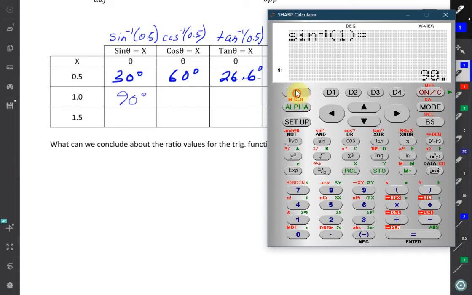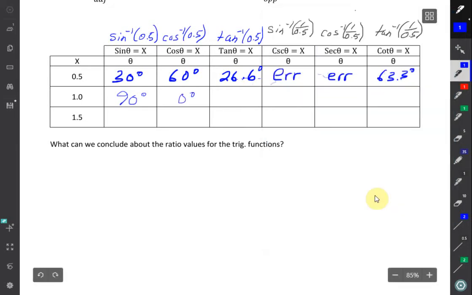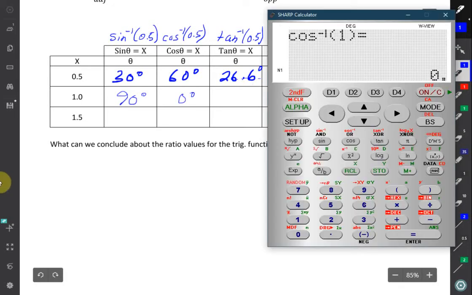And then the inverse cos of 1 is 0. And the inverse tan of 1 is 45 degrees.